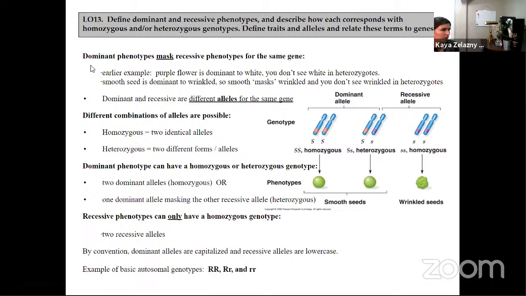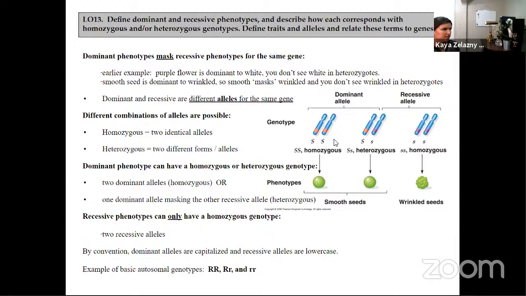So basically, we have dominant alleles and recessive alleles. A dominant allele, when it is present, will be expressed. And when that dominant allele for a gene is expressed, we refer to it as showing the dominant phenotype.